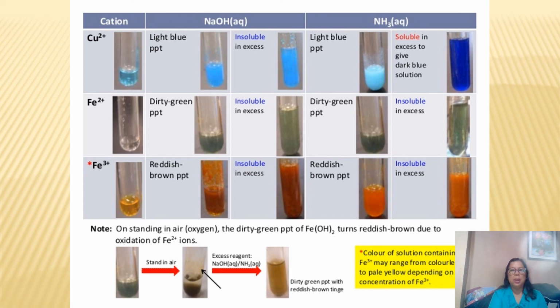However, in ammonia, in a small volume, it yields a light, milky white-blue precipitate, but upon addition of excess, it produced a dark blue precipitate. Iron yielded green, the same, and both ferrous and ferric gave the same result to ammonia.